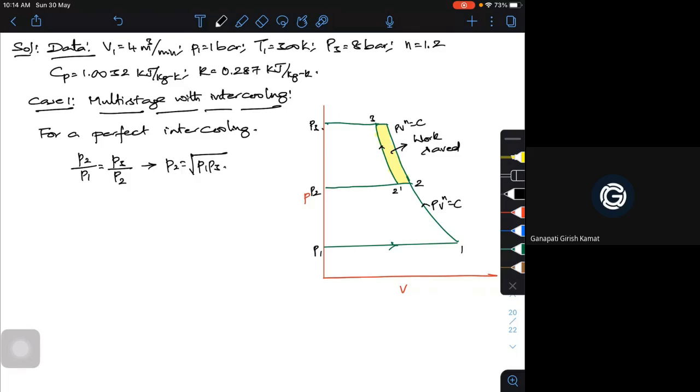That is 1 into 8, square root of 8, so it is around 2.8 bar.